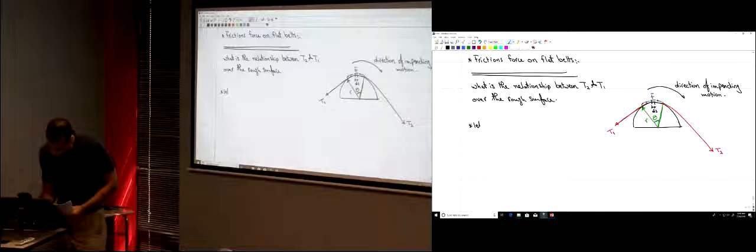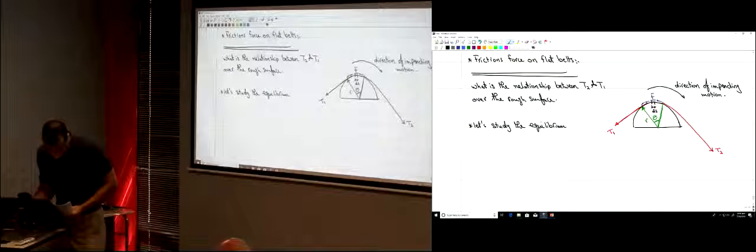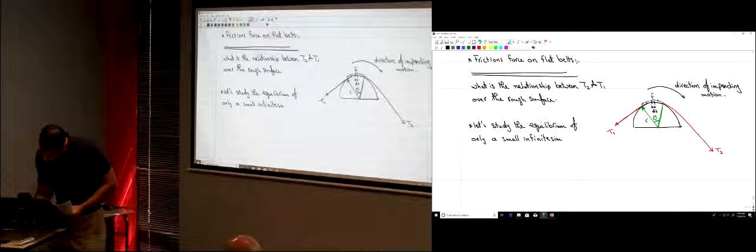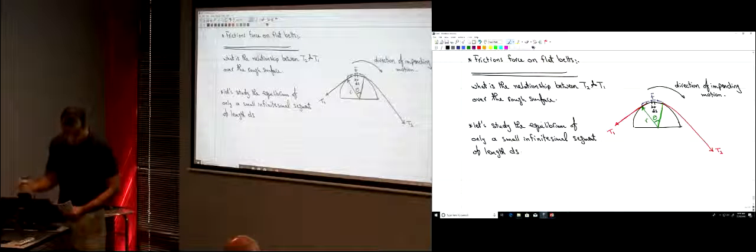So let's study the equilibrium of only a small infinitesimal segment of length ds.